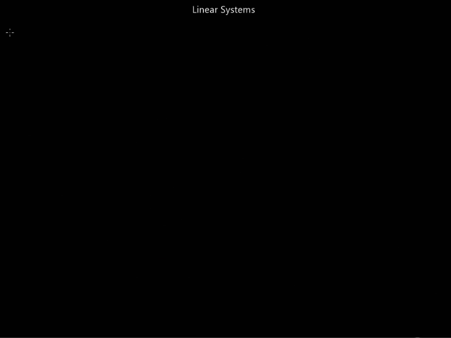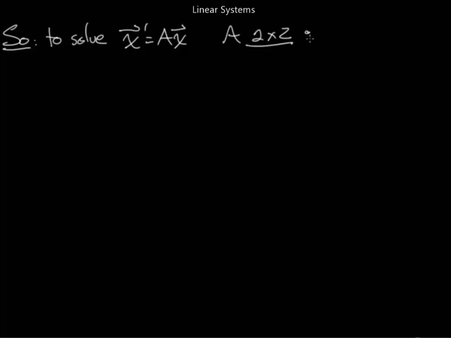Okay, so where does that leave us? Let's say we're trying to solve a differential equation, x prime is equal to Ax, where A is a 2 by 2 constant matrix. Here's what you do.